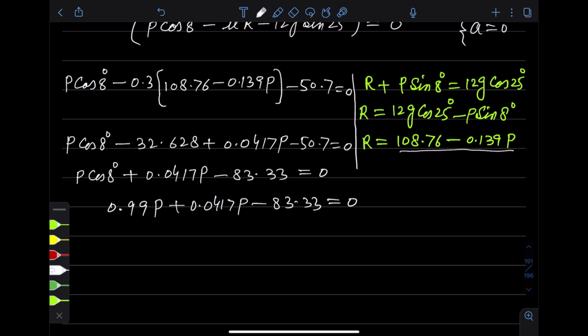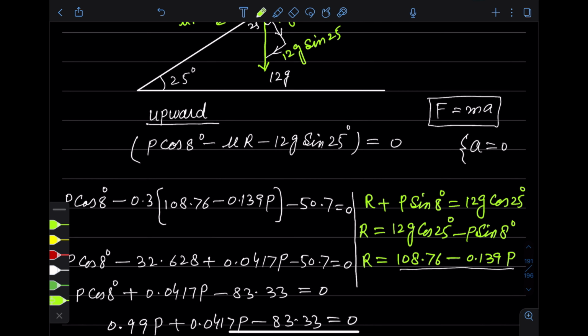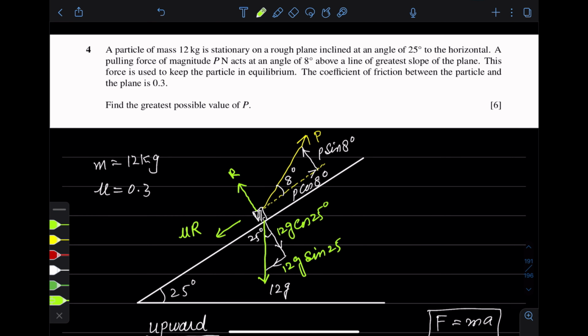Now adding the p terms, this will become 1.0317 p is equal to 83.33. From here we can find the value of p is equal to 80.8 Newton. This is the greatest possible value of p. So this question is of limiting equilibrium.